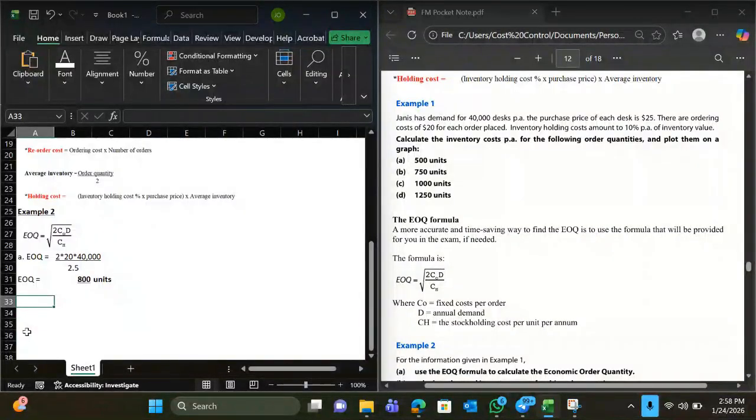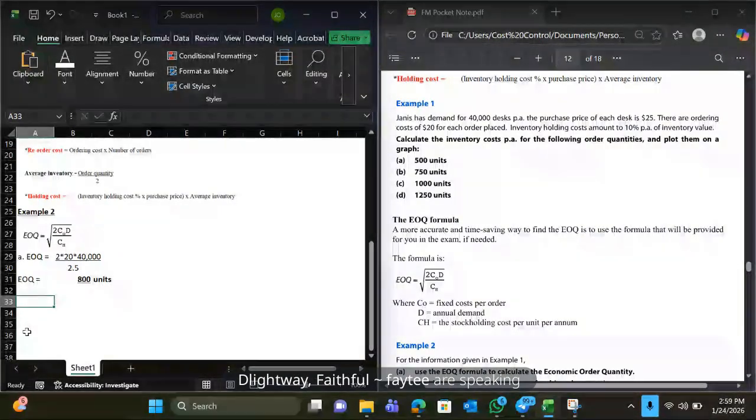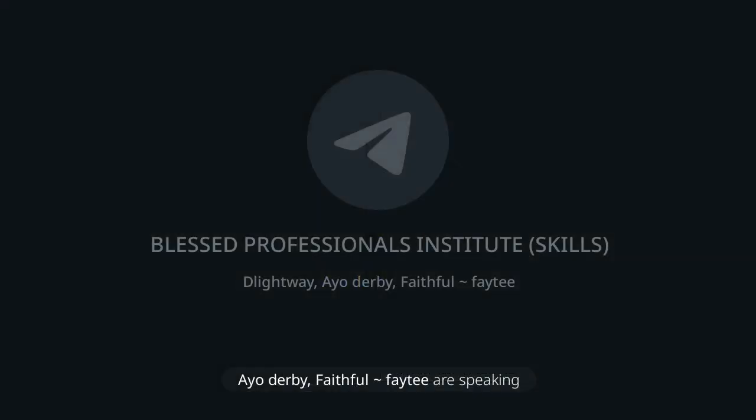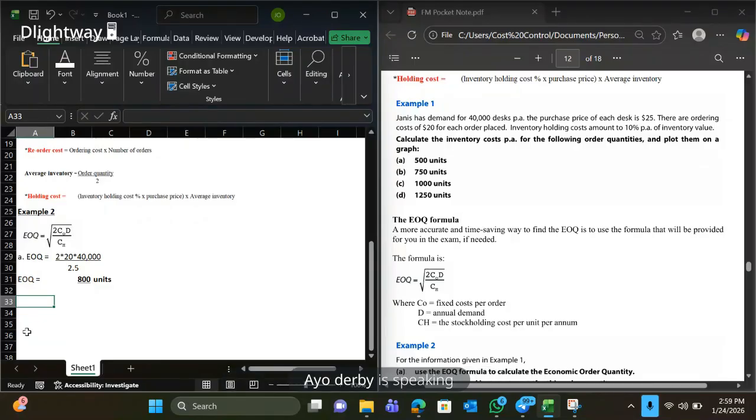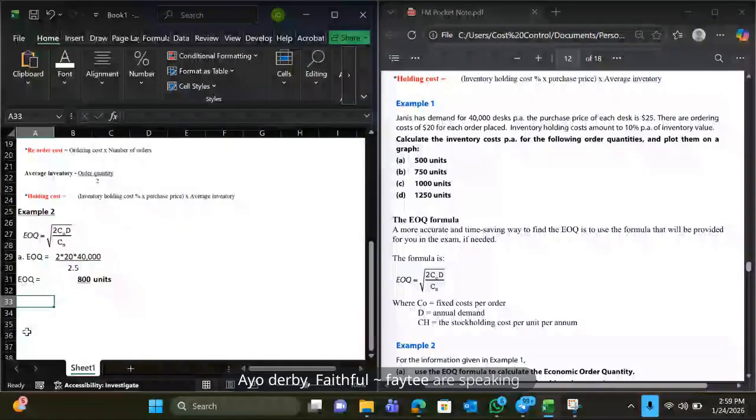So I wanted to be sure which was the correct way.